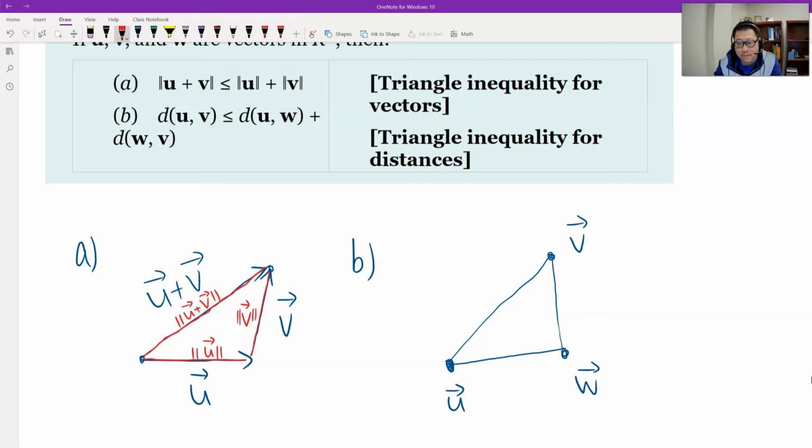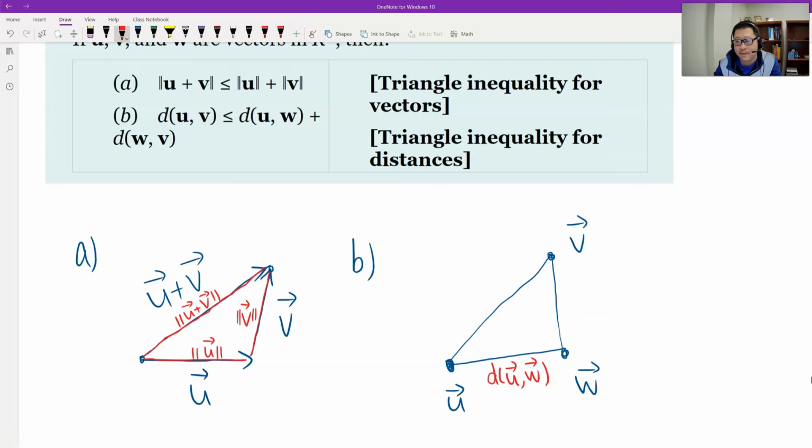The definition between the terminal points of two vectors we define as the distance. So the length of this side should be the distance of u and w, right?